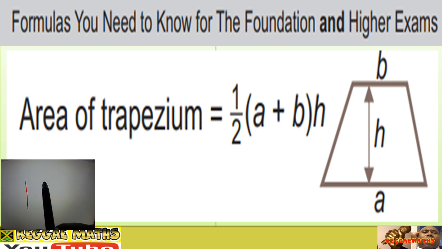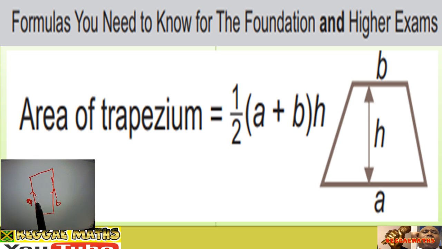It doesn't really matter how the shape looks. Identify where the two parallel sides are, and that becomes the a plus b.